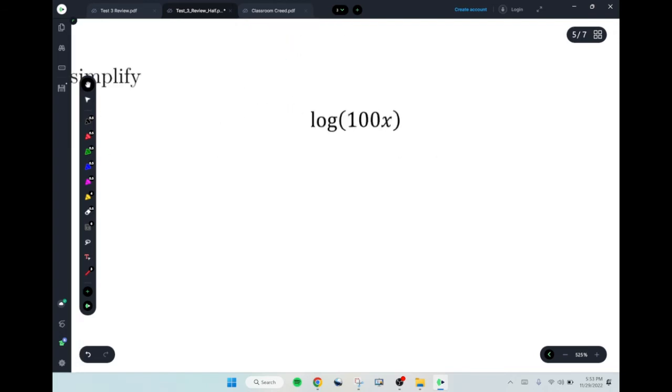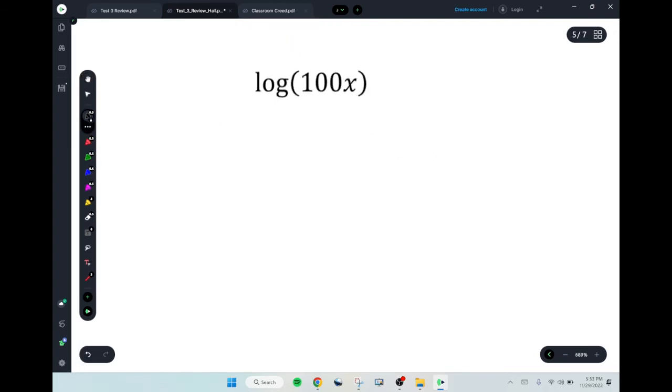How to solve the log of 100x. Oh, just write it so we know it. We're breaking it apart with an addition sign? Yeah. Okay.